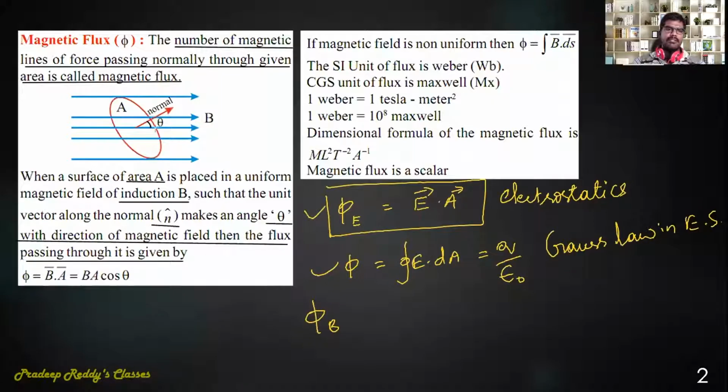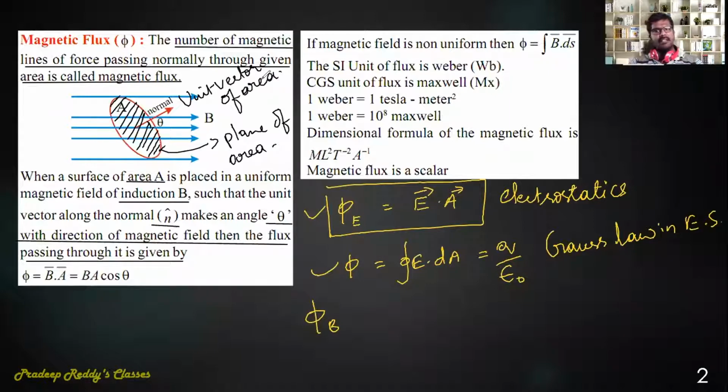Clearly, in this figure, you can see this is the area of cross section, and this is the plane of the area. And this vector, represented with the red arrow, is the unit vector of area.